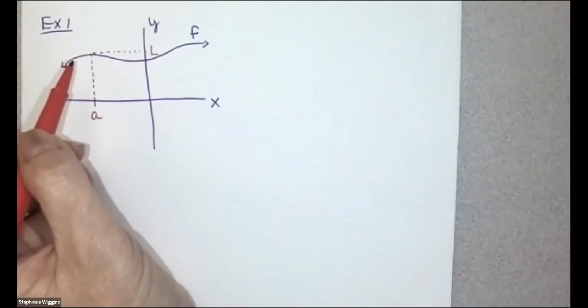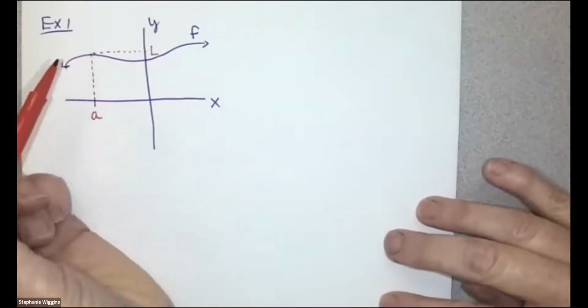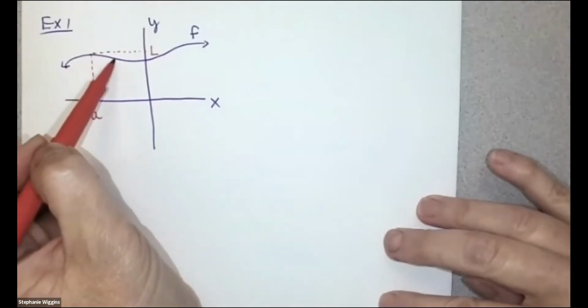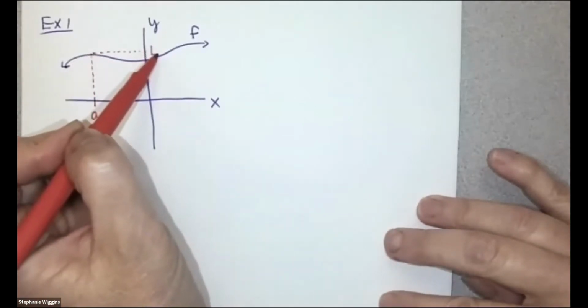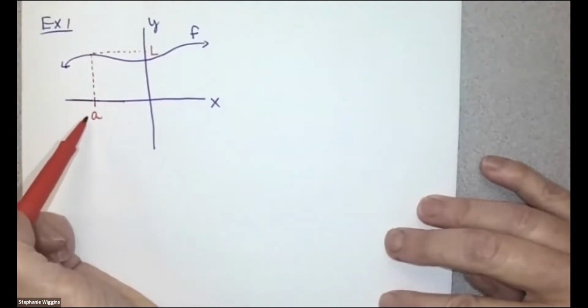Remember, function values are y values, so we're talking about the height or the level here. You can see things are getting closer and closer to this level L as the x values, which are the input, get close to a.